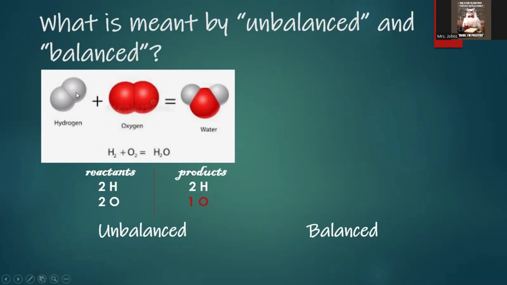So there's two H's, two O's, but on the right-hand side, on the products, we have two H's and one O. Because there are not the same number of everything on the reactant side as on the product side, this equation is unbalanced.